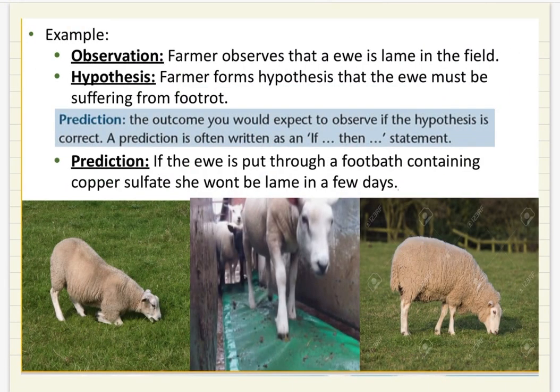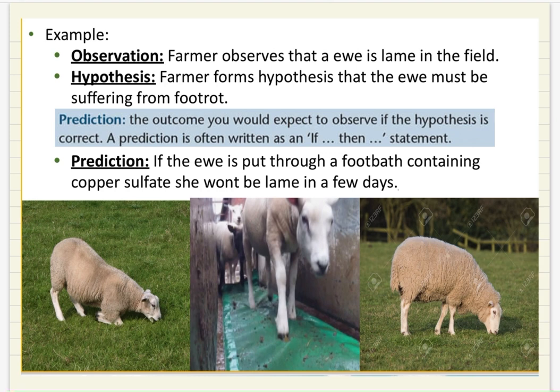Our observation: the farmer observes that we have our ewe lame in the field, down on its two front legs, trying to graze, not able to move around the field. If the ewe was even pregnant or expecting lambs, it could suffer from twin lamb disease. But our educated guess, looking out in the field there, is that the ewe must have foot rot.